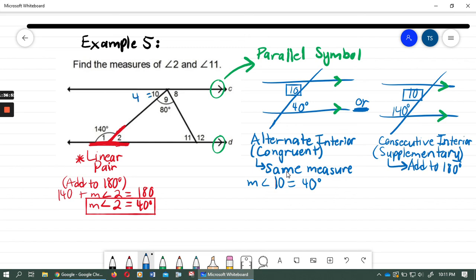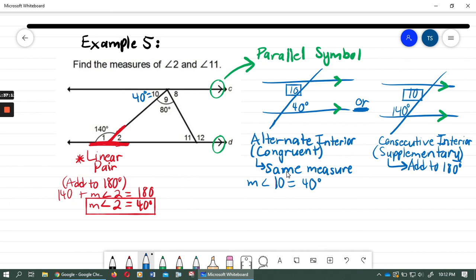I apologize if this example is taking too long for those who might be impatient, but I'm just trying to show you how to do this, and if that takes time, it just takes time. So angle 10 is 40 degrees.